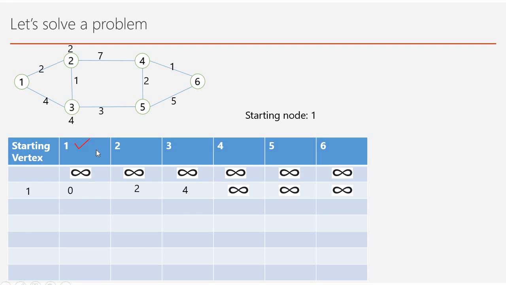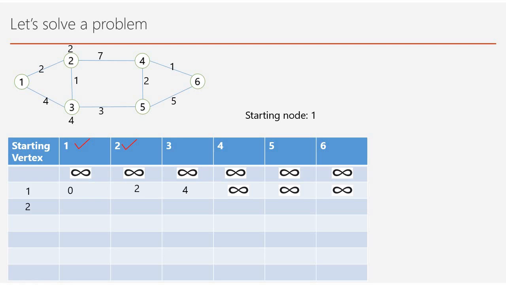Now among these 2 and 3 which are remaining, already 1 is visited, so leave it off. Then among these 2 nodes, 2 and 3, select the node which has the least value. Among 2 and 4, 2 is the least value, for node 2. So let's select that.